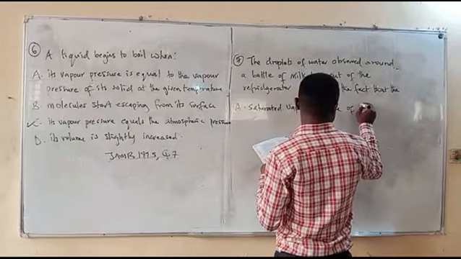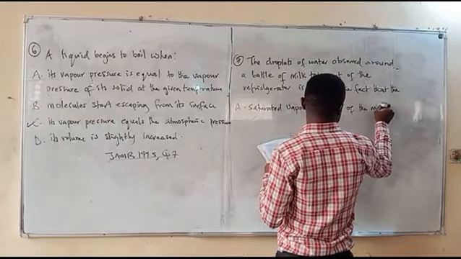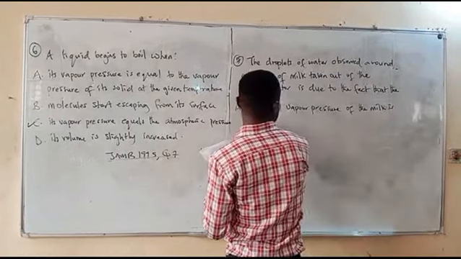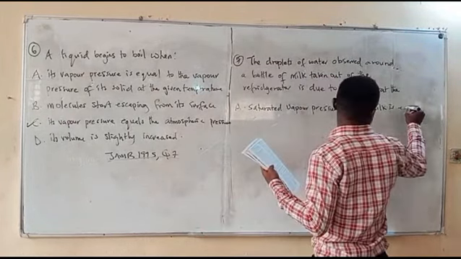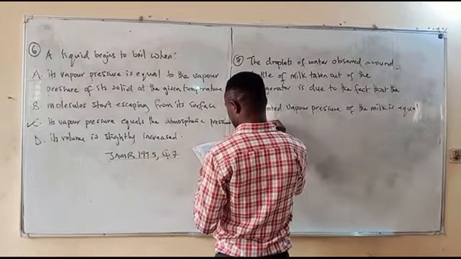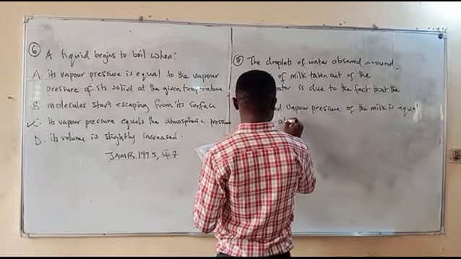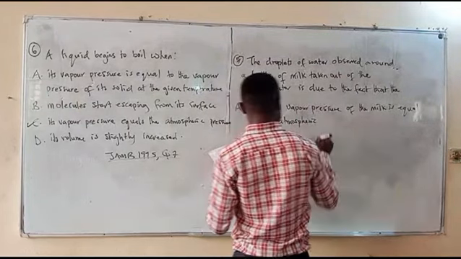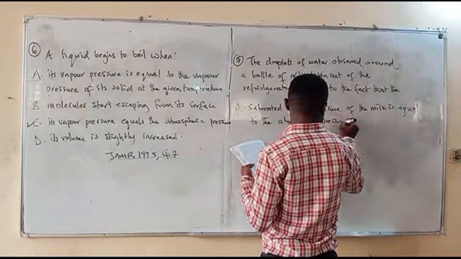B, vapor pressure in the air around the bottle loses some of its energy to the bottle. C, water vapor in the air around the bottle gains some energy from the bottle. D, temperature of the milk drops as it loses into the surrounding.